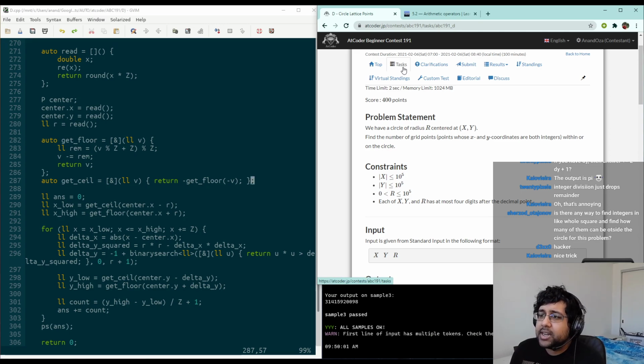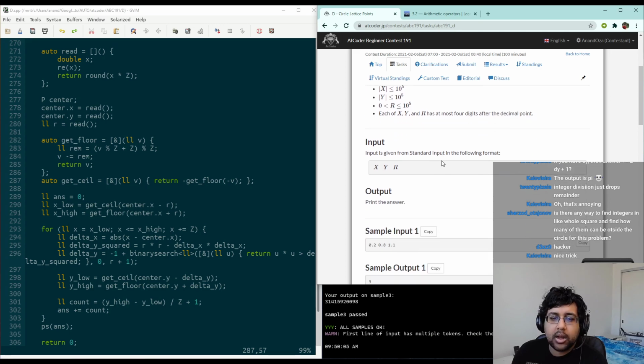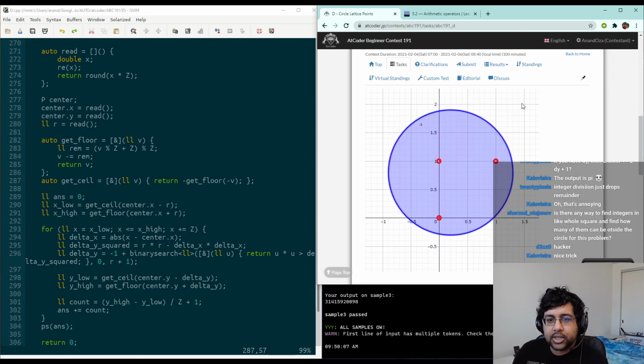Is there any way to find integers in the whole square and how many of them are outside the circle? So you're saying draw a bounding box around the circle and then count the ones outside. I think the way that I would do that would be the same amount of work or more.